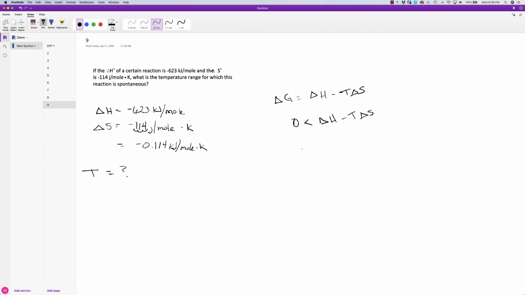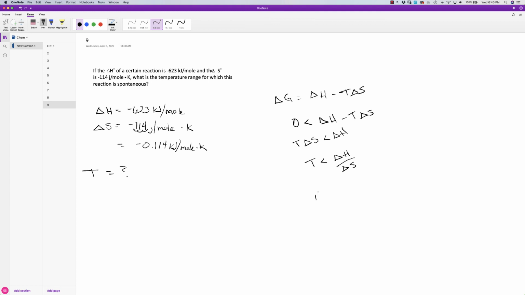Now we can isolate for temperature just like we did before. We'll bring all of this over to the other side. That gives us a positive T delta S less than delta H. Then we divide both sides by the delta S, so we get T is less than enthalpy divided by entropy. So we plug in our values.